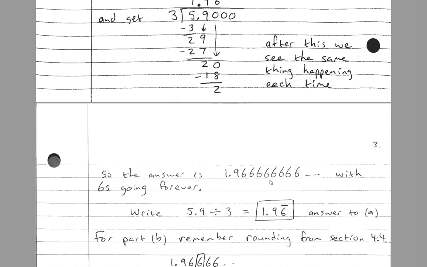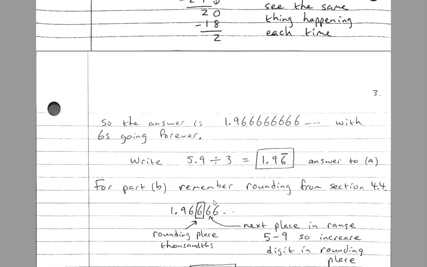All right, so these 6's go on forever, so it's 1.96666. And we know these 6's are repeating, so we can just put a bar over the 6. And that's the answer to part A.